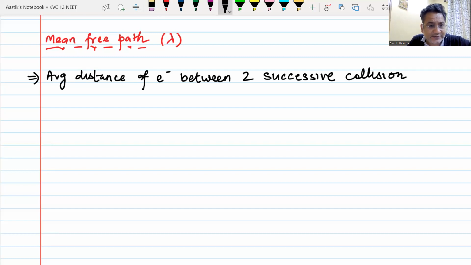Do you understand this? Whatever distance it travels between two collisions is known as mean free path. Do we understand this?